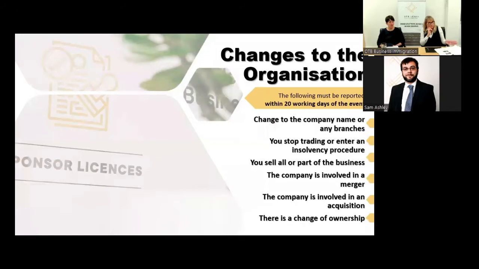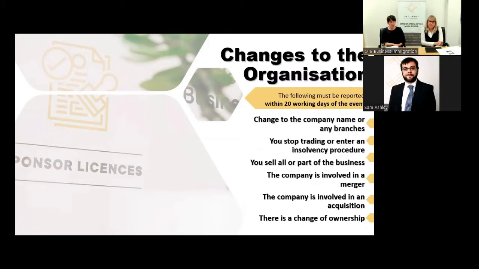Okay, so Sally has been talking about changes that have to be reported that relate to a sponsored worker themselves. Pretty much all of those have to be reported within 10 working days. I'm going to be focusing on changes that you have to report that relate to the sponsor as an organisation.